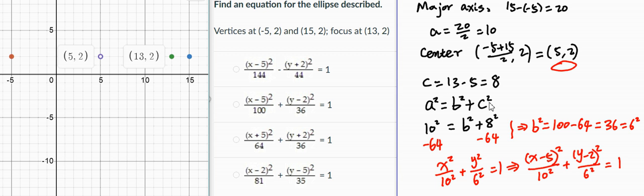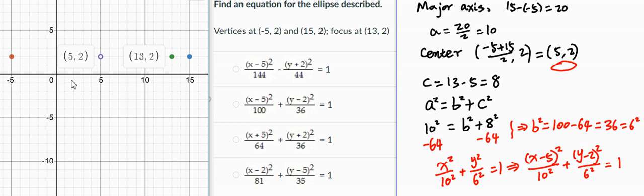Based on the identity a squared equals b squared plus c squared, we know a is 10, so 10 squared, and we know c is 8, 8 squared. Both sides subtract 64, because 8 squared is 64. We got 64 cancelled. So b squared is 10 squared, which is 100, subtract 64, so we have 36, which is 6 squared.